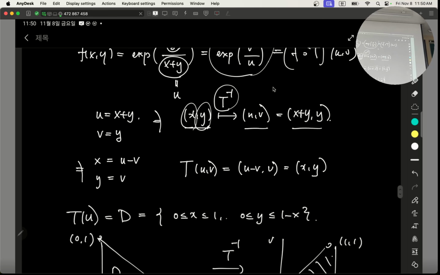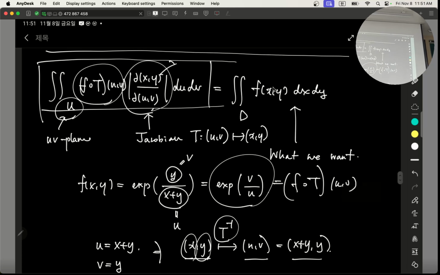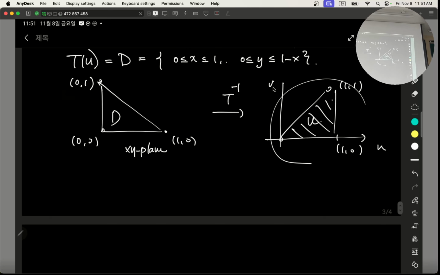And what is this part? Since we have t, let's compute this determinant of Dt, which is the determinant of (1, -1; 0, 1). It's a linear function, so easy to compute. It's 1, so it's going to vanish here. So simply it's an integration over u and v of this function over the region U, which looks like this.